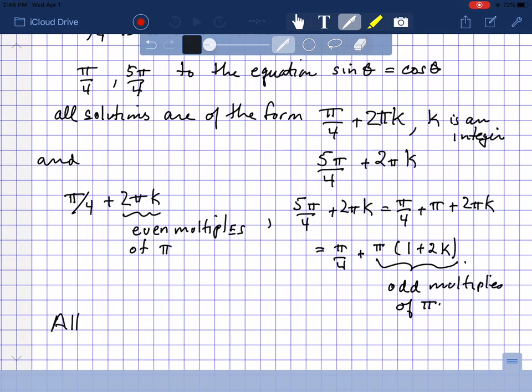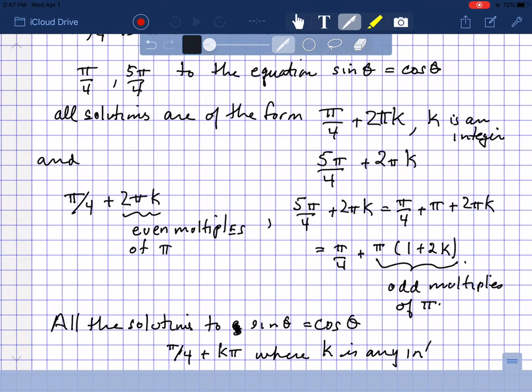So what do we have? We have that all the solutions to the equation sine theta equal cosine theta are of the form pi over 4 plus k times pi, where k is any integer.